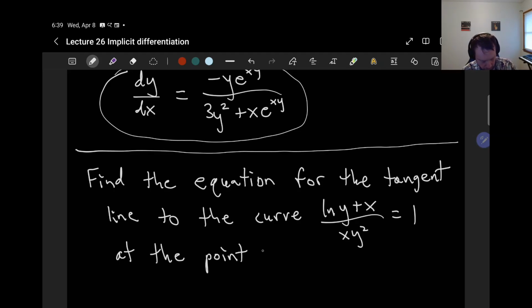And you have to say what point it's at. So this tangent line, it will just glance this curve at this point 1, 1.